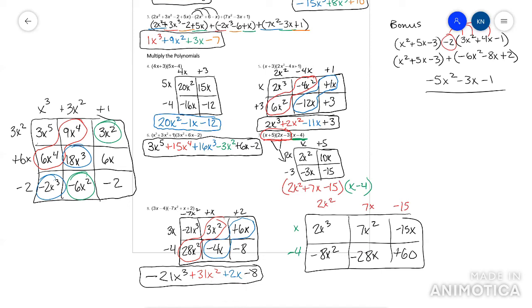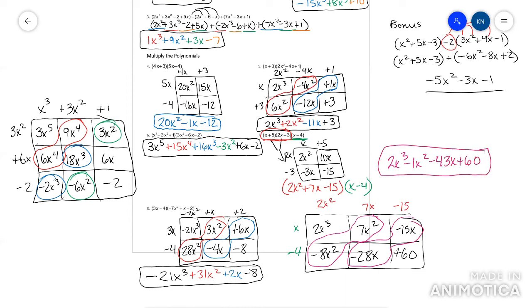And then just go write your answer. Pay attention to your like terms that you're combining. Watch your pluses and your minuses. And so my answer here would be 2x cubed minus 1x squared minus 43x plus 60.